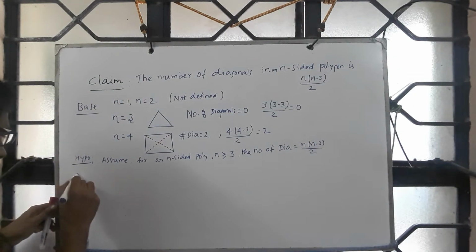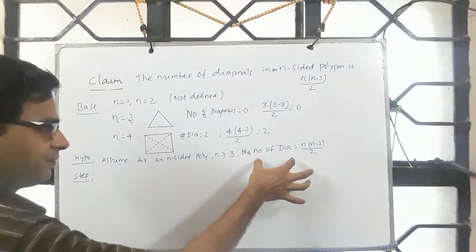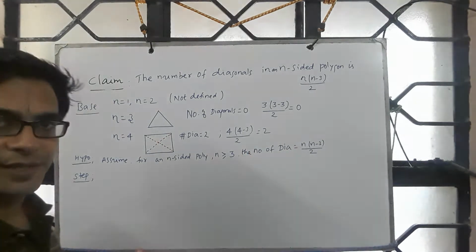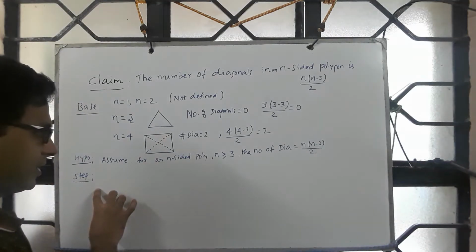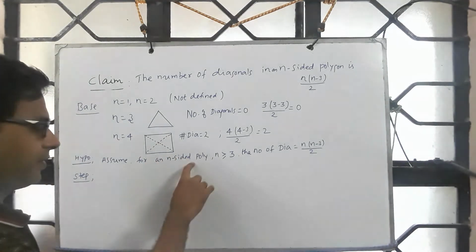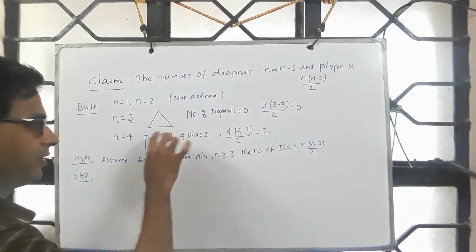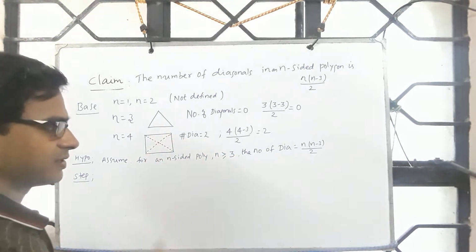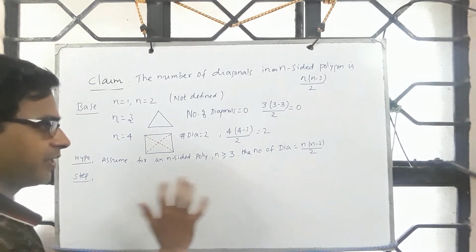Now let's get into the induction step. Please note, I should make use of the hypothesis as part of the induction step to complete the induction. That's very important. One should not run the inductive step independent of the hypothesis. Similarly, the hypothesis should not be independent of the base case. For example, when I say n starting from 3, the base case is brought in. Similarly, when I prove the induction step, I should bring in the hypothesis.